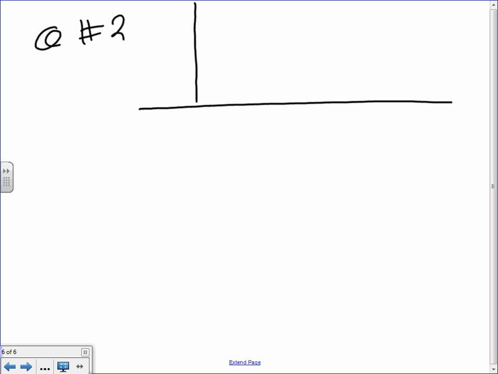Here's the problem. This is question number 2. I have a vertical line like this. And I have the same fixture mounted at the same height, 10 feet. And this fixture is shooting right in here. The distance is 1 foot from here to here.